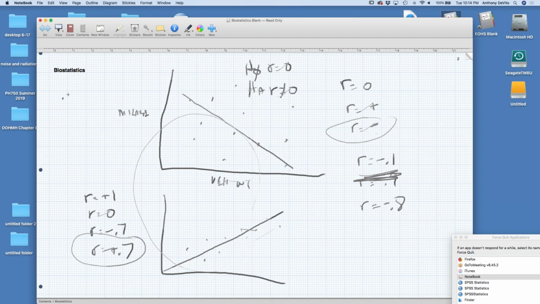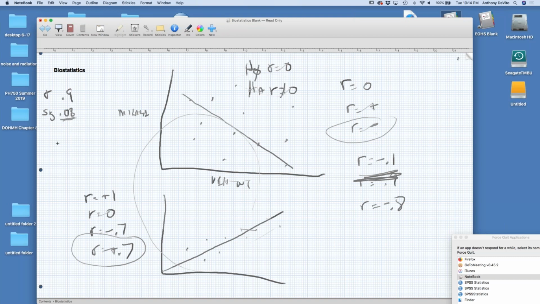So if we got an R value of 0.9 and significance of 0.008, can I reject the null hypothesis? Can I say that I have a correlation there? What's the significance? Right, the significance for the R value is 0.8.